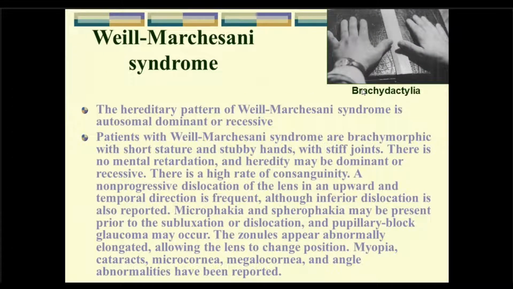Again, another syndrome, Weill-Marchesani syndrome, in which the patient can also have cataract, but this syndrome is also characterized by brachymorphic build with short stature and stubby hands with stiff joints.